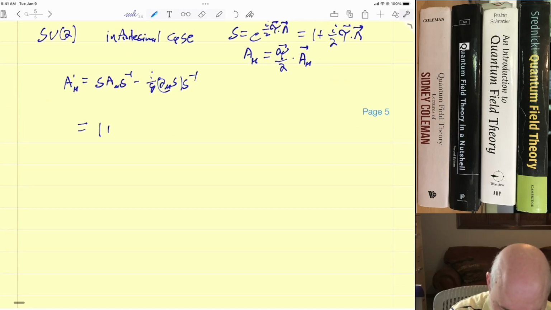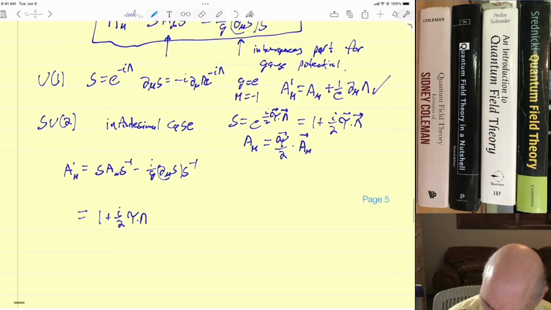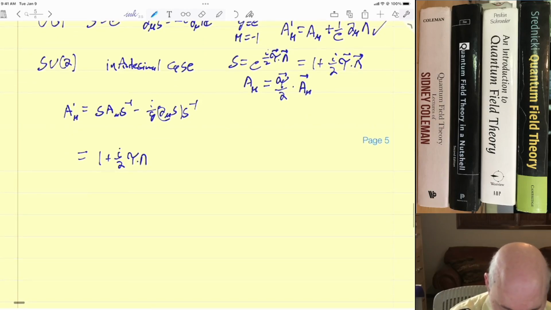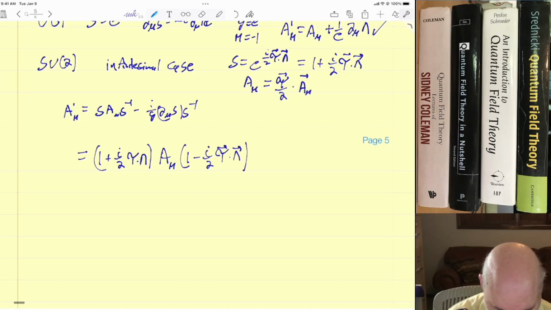So this is going to be 1 plus i over 2 tau dot lambda, A mu, 1 minus i over 2 tau dot lambda, minus i over g, i over 2 tau dot partial mu lambda, S inverse.